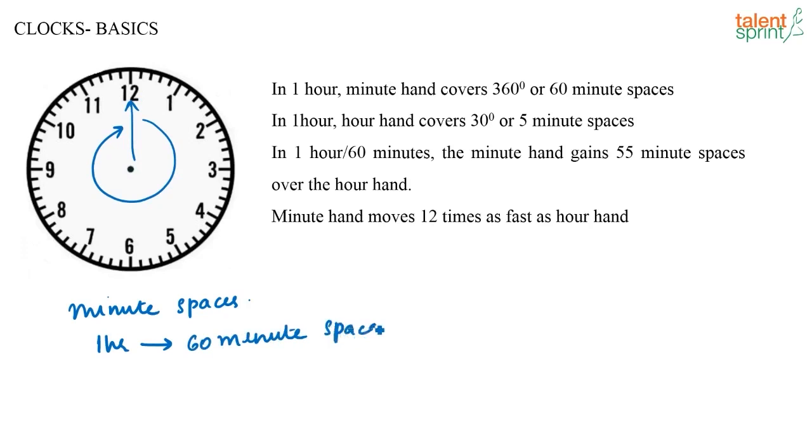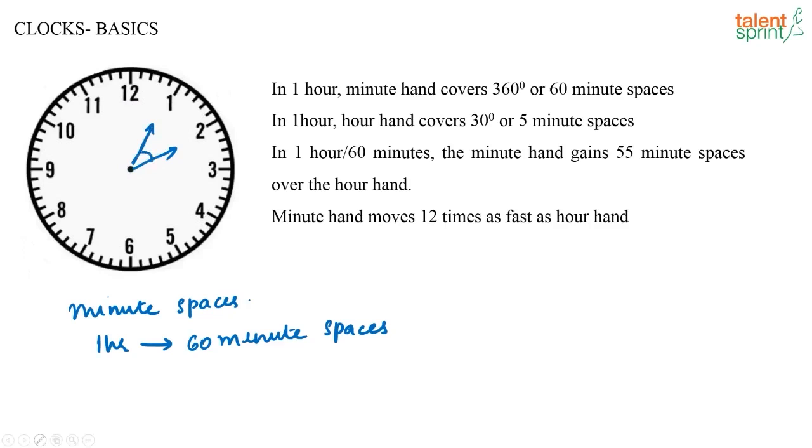Now, in the same 1 hour, the hour hand will cover how many minute spaces? It will cover only 5 minute spaces. Like for example, if the time is 1 o'clock and then it is going to become 2 o'clock, how much distance will the hour hand cover? See, it covers from here till here.